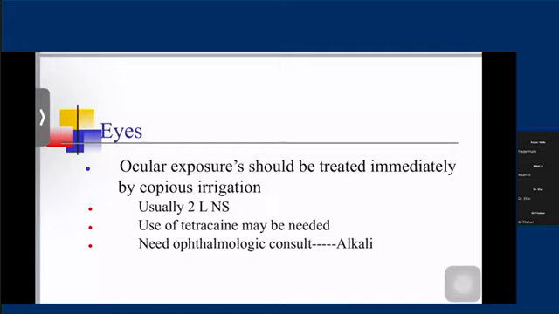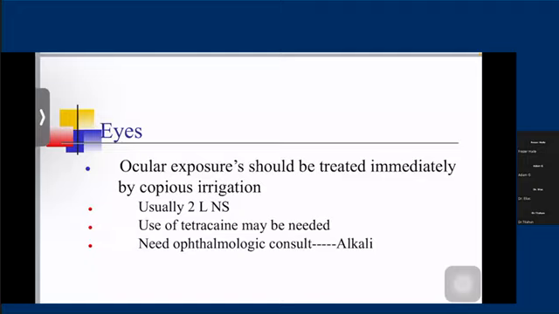Since the patient usually complains of pain, applying topical local anesthetics like tetracaine is very important to make the patient comfortable and to irrigate thoroughly. And specifically for alkali injury, we have to request an ophthalmologic consultation because the degree of injury is very high in alkali exposure.